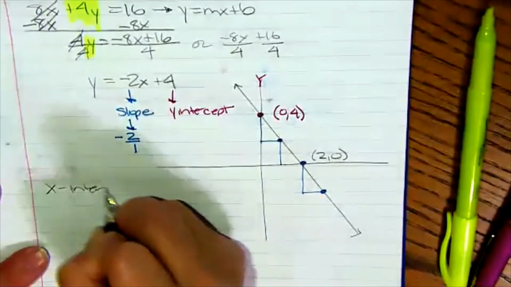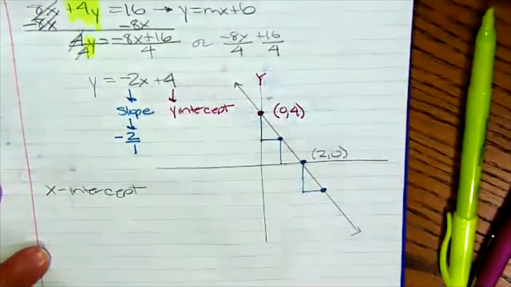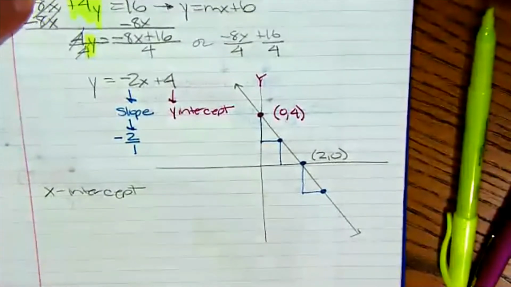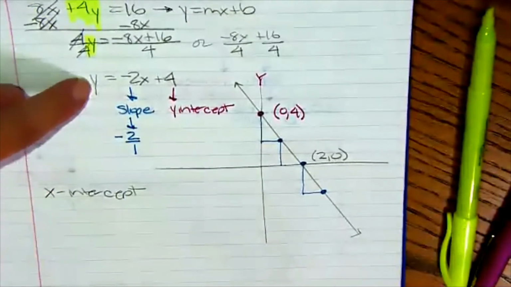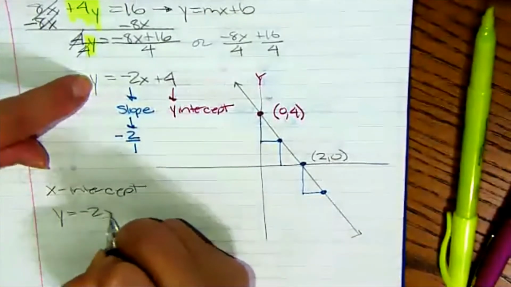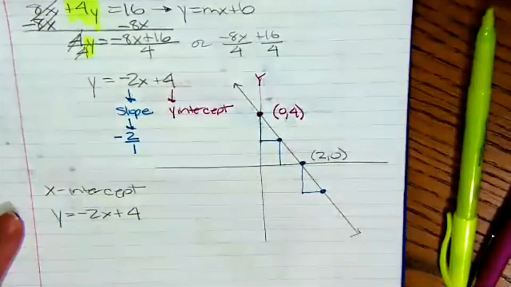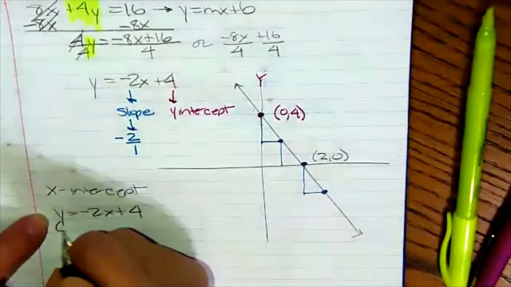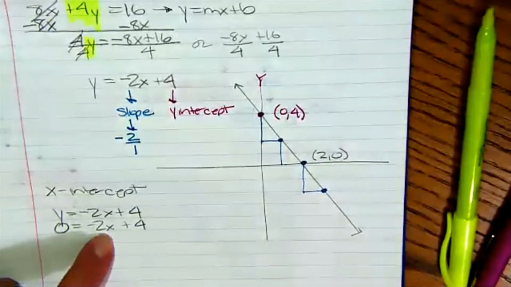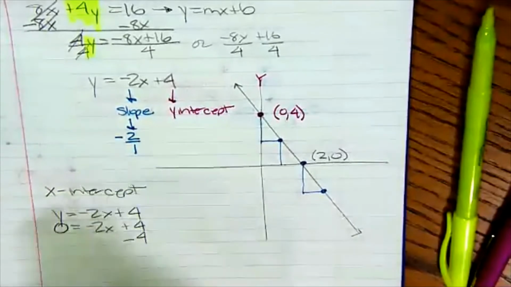So x-intercept, where does it cross my x-axis when y is 0? I can use this equation, or I can use this equation. I'm going to use this one just because I think it's easier. So y equals negative 2x plus 4. When we set y to 0, we want to know what is our x. So we need to isolate 2x. I need to get rid of this 4.